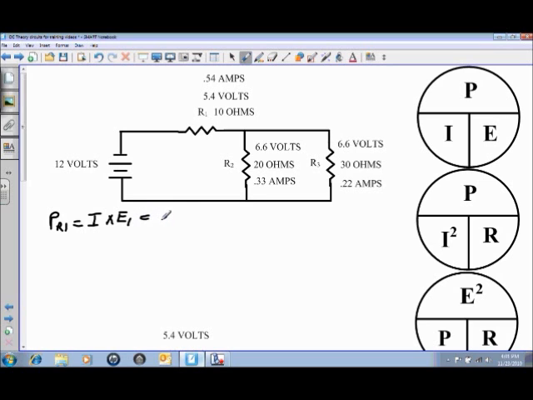So using the appropriate numbers, we have 0.54 amps times 5.4 volts will give us the power through R1 at 2.96 watts.